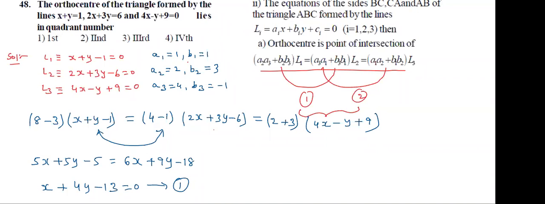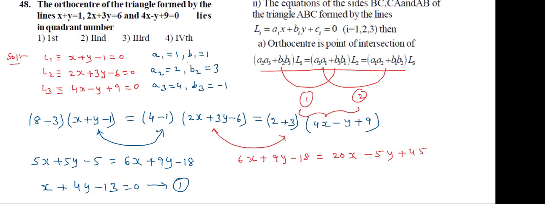Next, solve these two. What we get, friends? 6x plus 9y minus 18 is equal to 20x minus 5y plus 45.